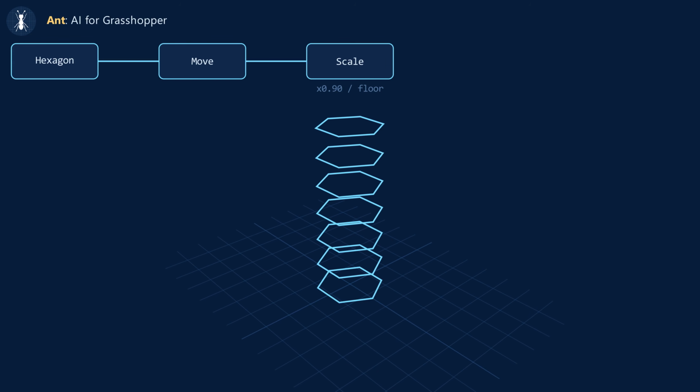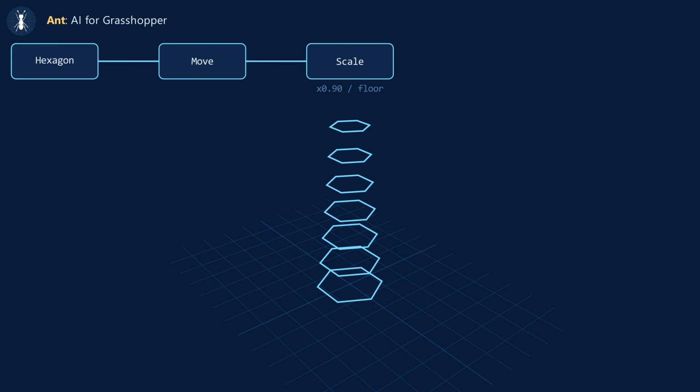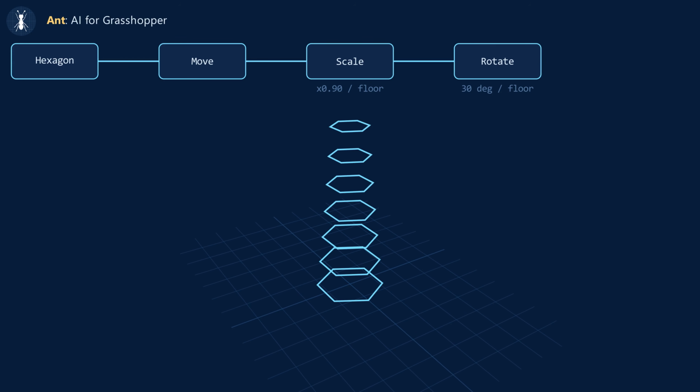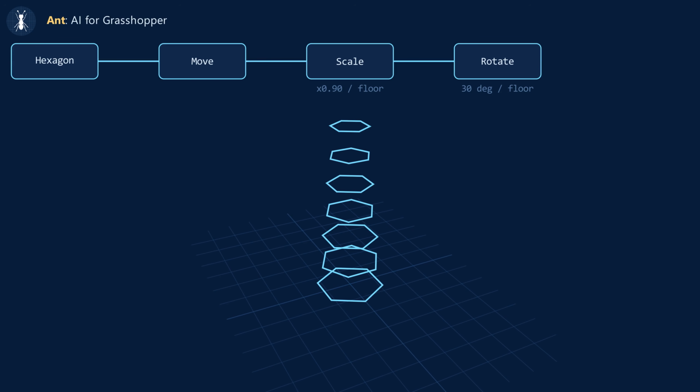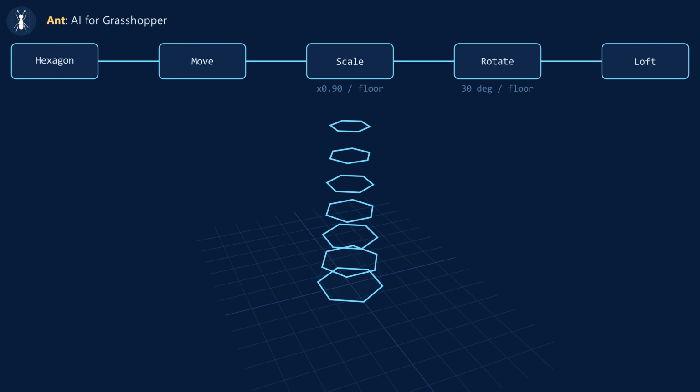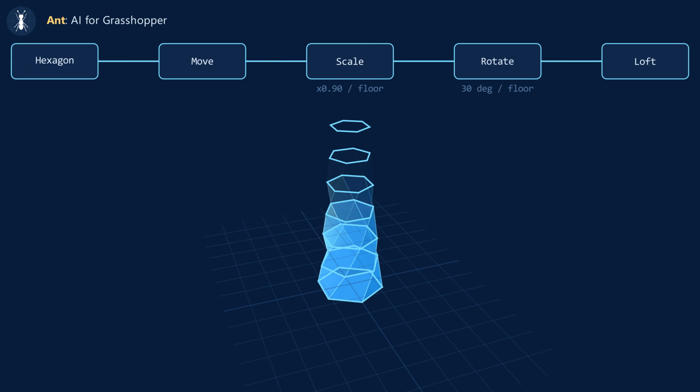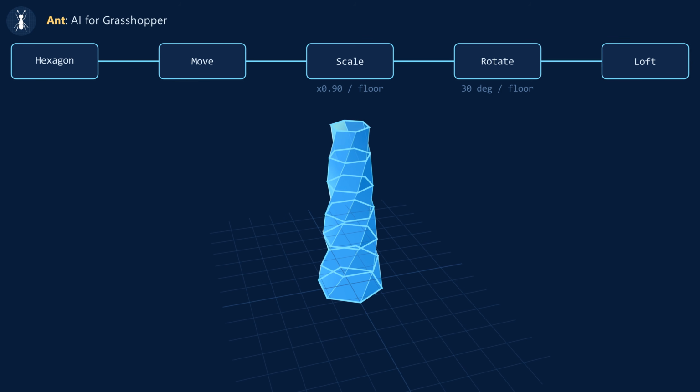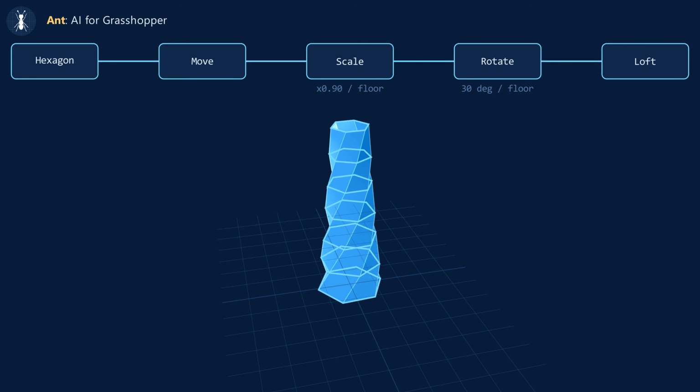After this, we will scale each hexagon to be 90% in size of the hexagon below it, and similarly, we will rotate each hexagon around its center so that it is 30 degrees rotated with respect to the hexagon below it. And finally, we will create a surface connecting all these hexagons to create a final twisted tower. This is the CAD workflow that we will use to create the twisted tower, and we will see how different LLM frameworks can be used to create this algorithm.